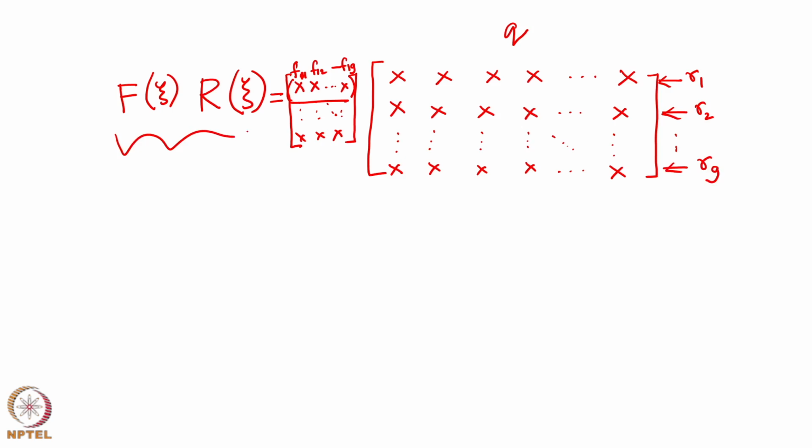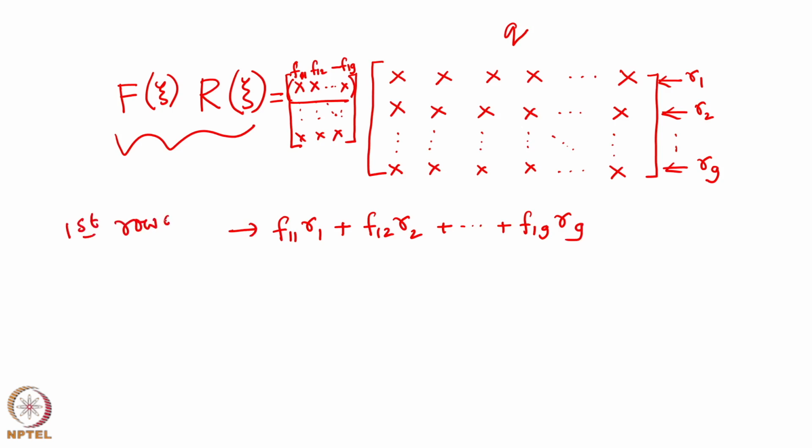The first row of the product F times R is nothing but F11 R1 plus F12 R2 plus dot dot dot F1g times Rg. Do you agree? This is the first row of F times R, isn't it?